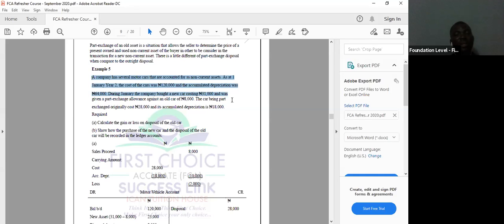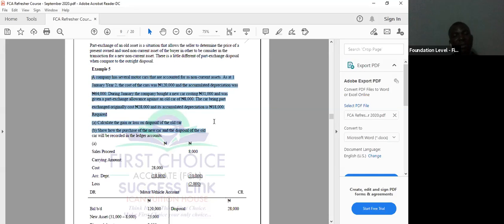During January, the company bought a new car costing 31,000 and was given a part exchange allowance against an old car of 8,000. The car being part exchanged originally cost 28,000 and its accumulated depreciation is 18,000.